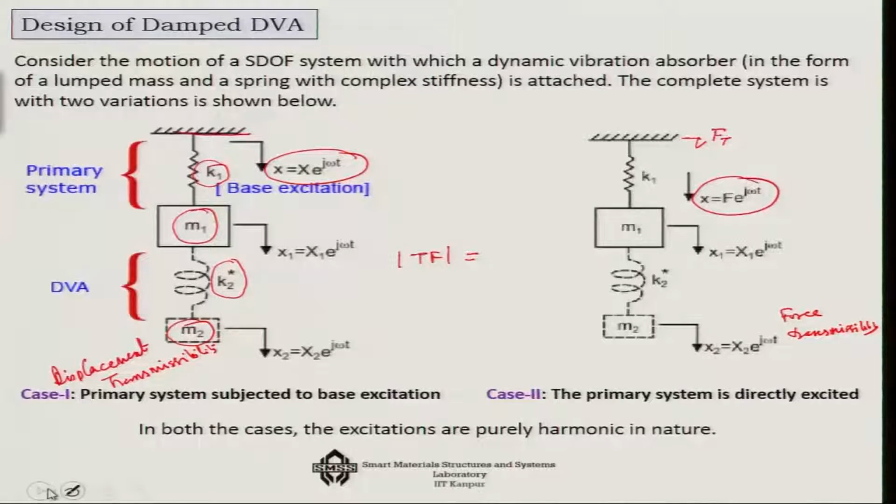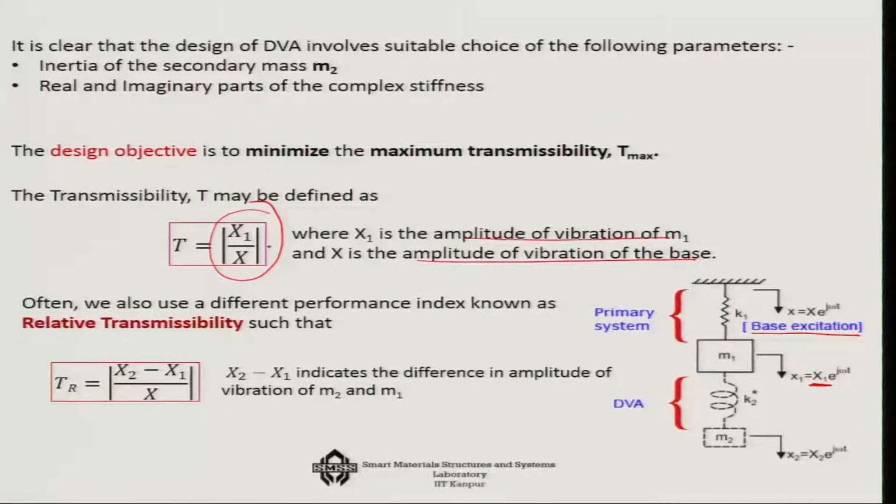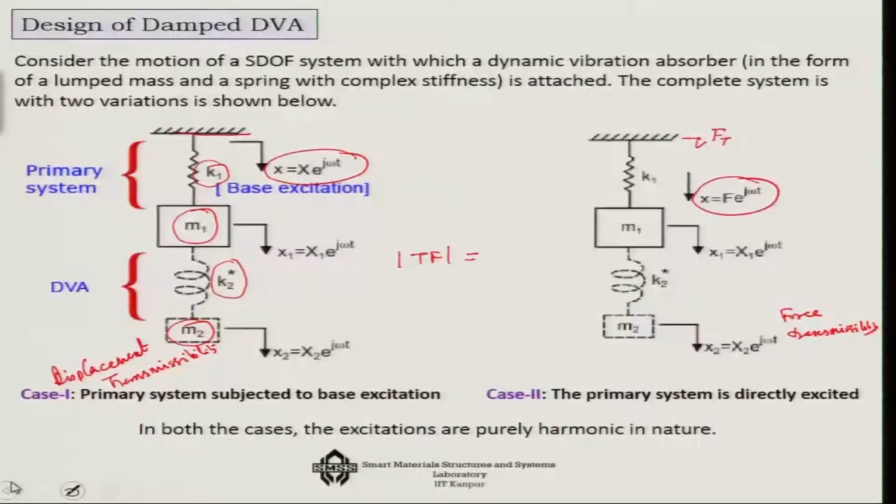Just like here the input is x, the amplitude of vibration of the base, similarly in this case the input is the force that you are giving. So that is F, and the force that you are transmitting, and the amplitude of x2. That is going to give us the transfer function in this case.